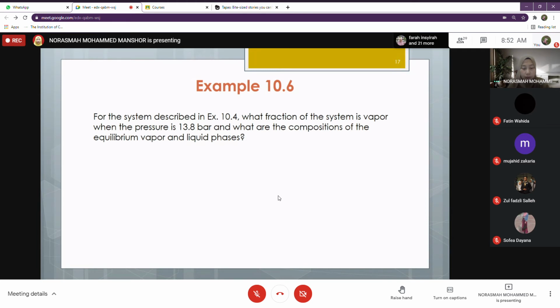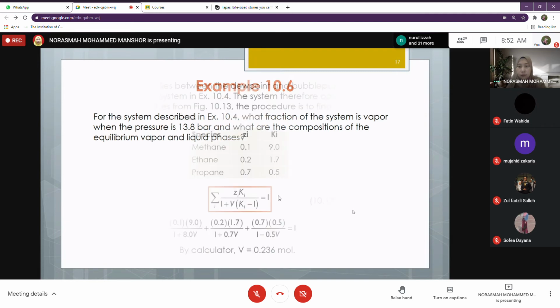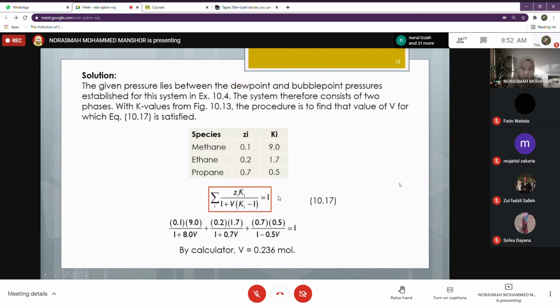Okay, dapat tak? Berapa Ki? Okay, boleh tak baca yang figure 10.13 yang saya bagi dalam GC tu.